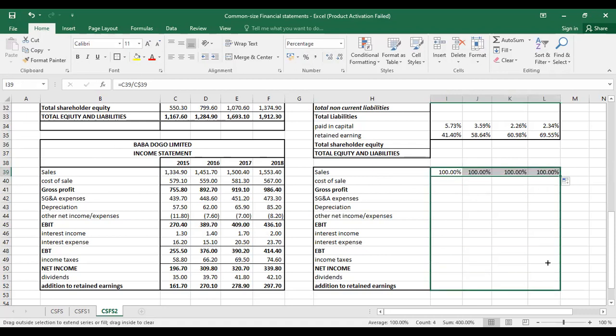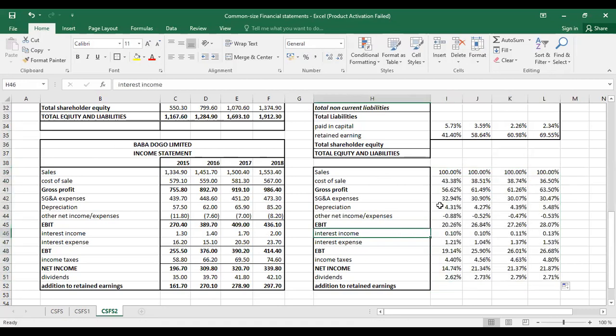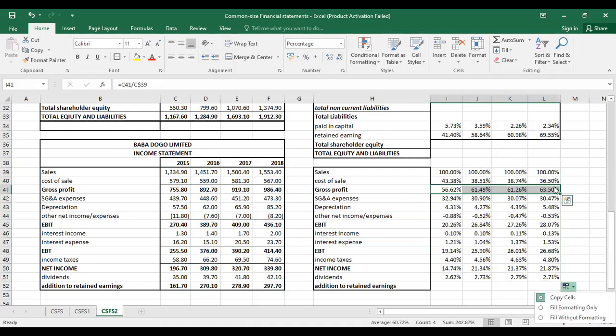Then I drag down. So obviously this will be the gross profit margin. What will be the gross profit margin? You see, it's like an add-on to the ratio analysis.